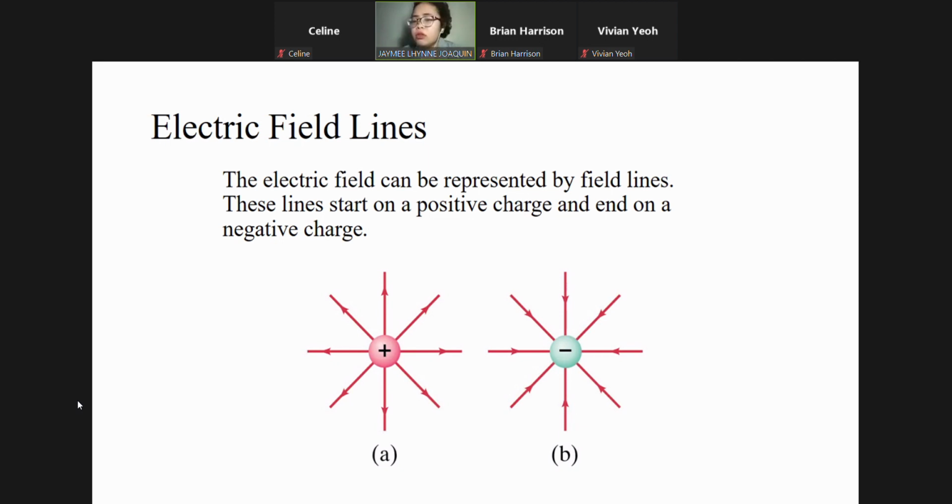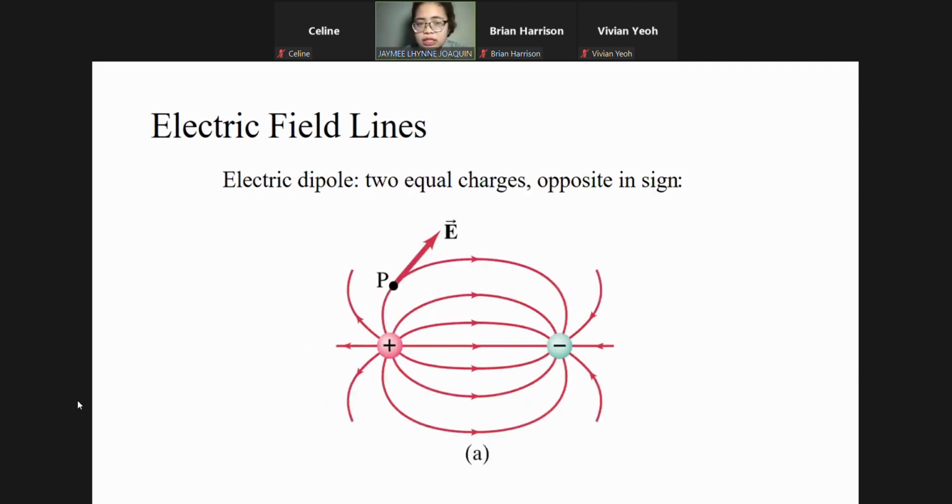Individually, your positive and negatively charged particles behave like that, which is why in some cases electric dipoles are created. In electric dipoles, you have two equal charges, the positive charge and the negative charge, equal but with opposite signs.